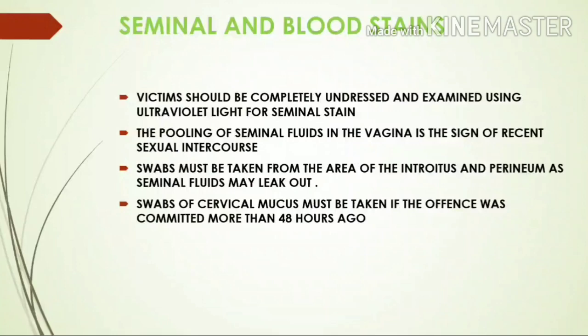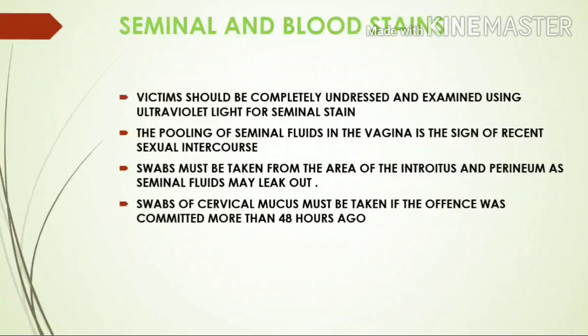Now, seminal stains and blood stains. The pooling of seminal fluid in the vagina is a sign of recent sexual intercourse, but this pooling rapidly disappears. The areas of seminal staining or pooling will show fluorescence under an ultraviolet lamp.